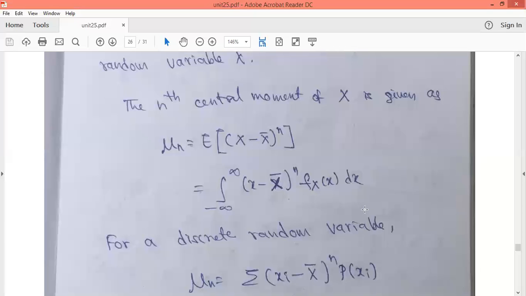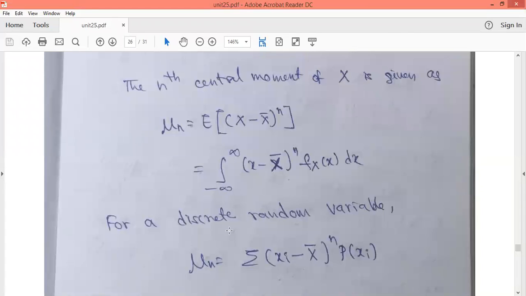For a discrete random variable, the central moment is given as the summation of (xi minus x bar) to the power n, times p of xi, the probability mass function, instead of f_X of x dx.